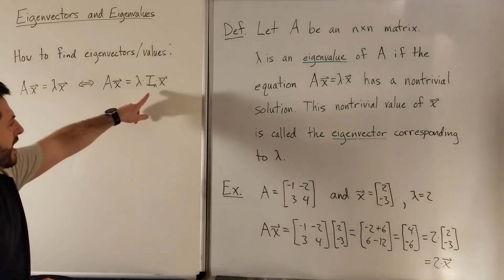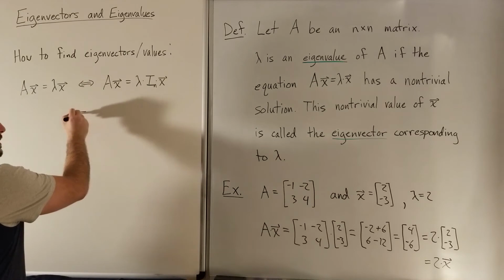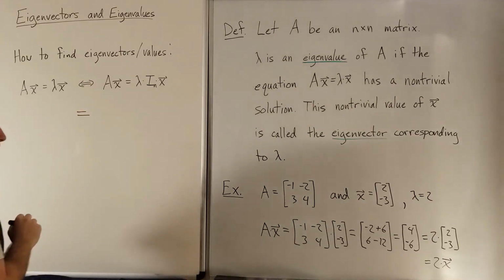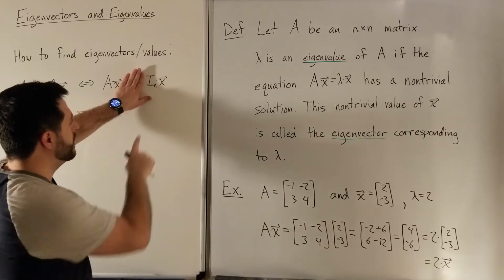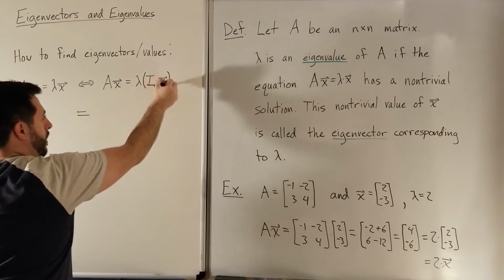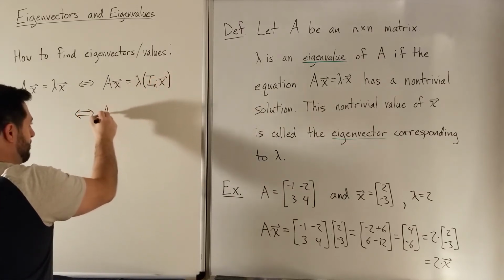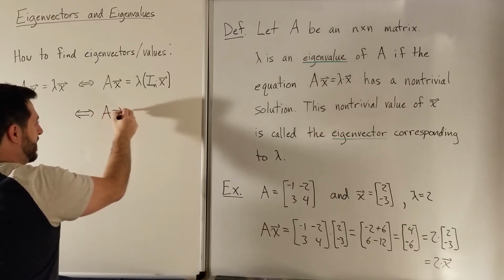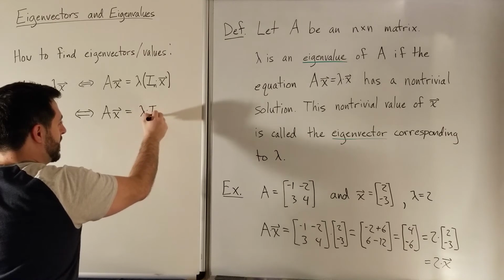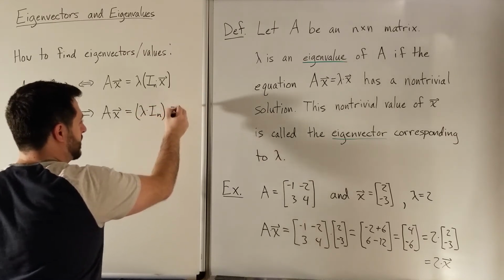So this actually makes it a little bit easier to work with, because lambda times the identity can now be thought of as a matrix. So we can put that in and not change anything. And then we can use the associative property to say that this is the same thing as lambda times I_n, this matrix, then times the vector x.